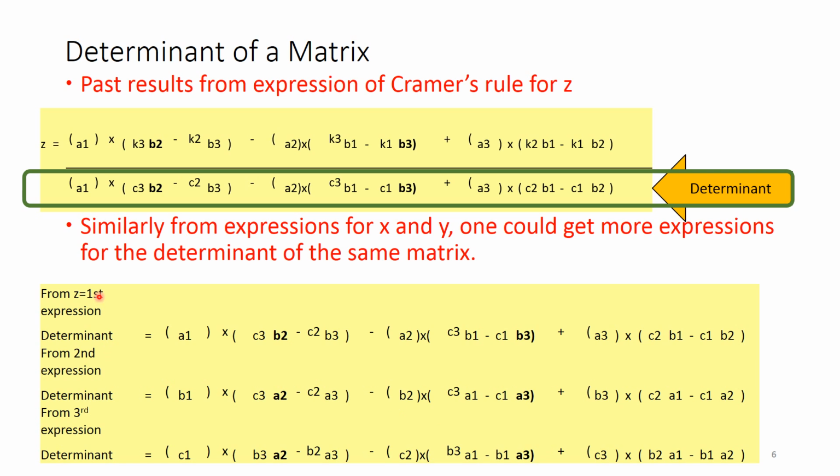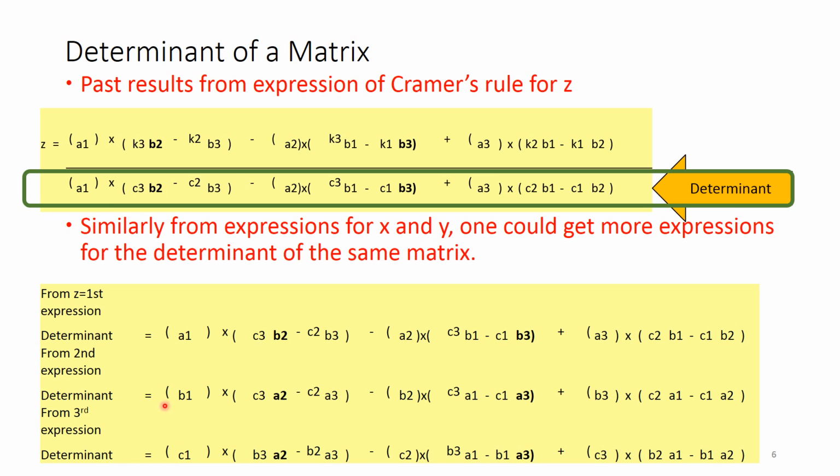From z, if I take the column A as the divisor during the Gauss elimination, then I can get this column A multiplied by C3B2 by its corresponding minor, and the coefficient A2 multiplied by its corresponding minor.